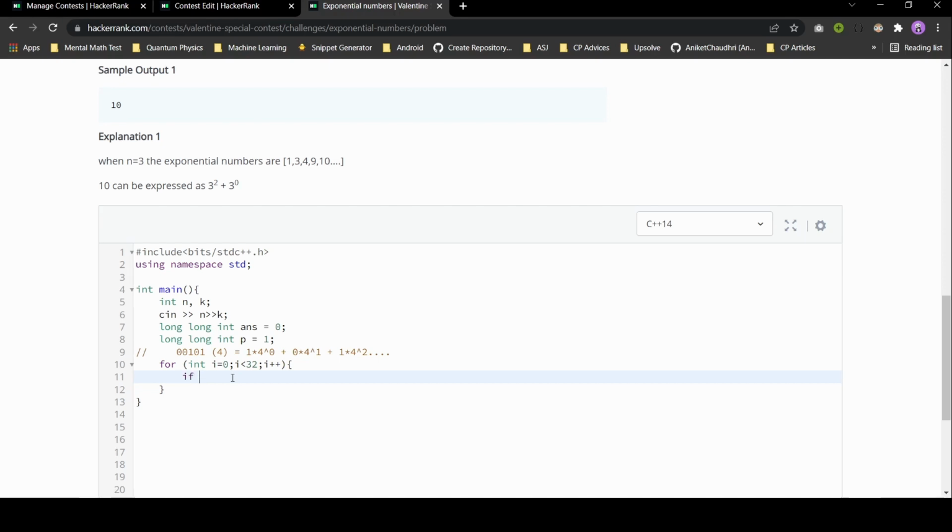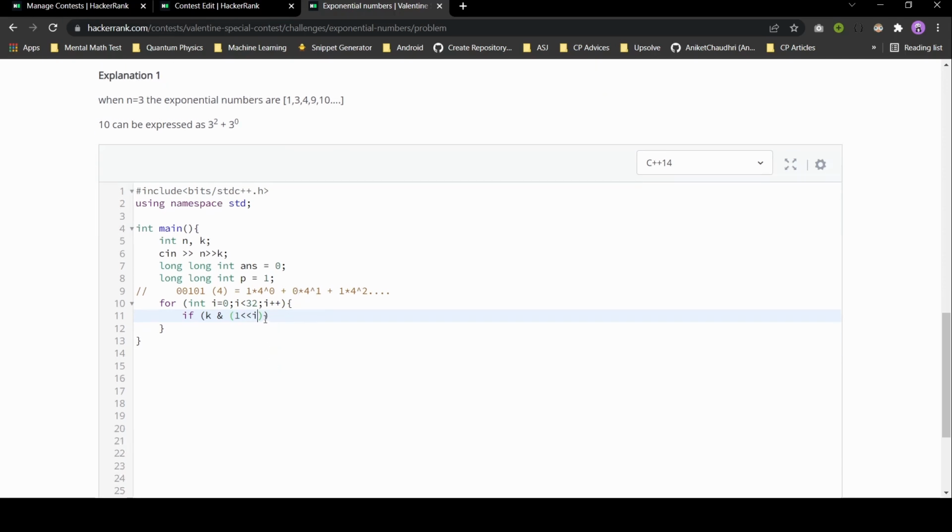So if k and 1 shifted by i, let's see what this means. So first of all, what does 1 shift operator i mean? This 1 shifted by i is equivalent to 2 power i.